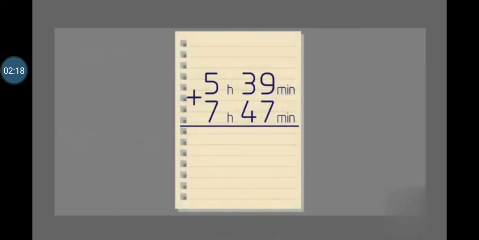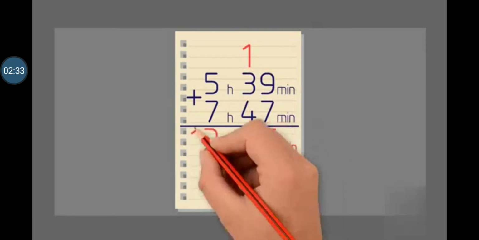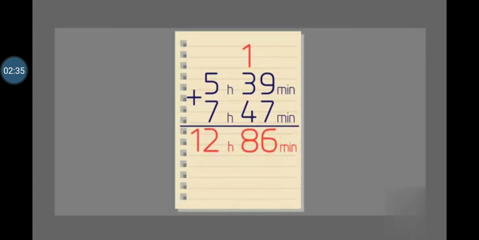Let's say one more example. 5 hours 39 minutes plus 7 hours 47 minutes. While adding the minutes, we are getting 86 minutes. And when we add the hours, we are getting 12 hours. Here again, we have the minutes more than 60. So we have to do the same method.